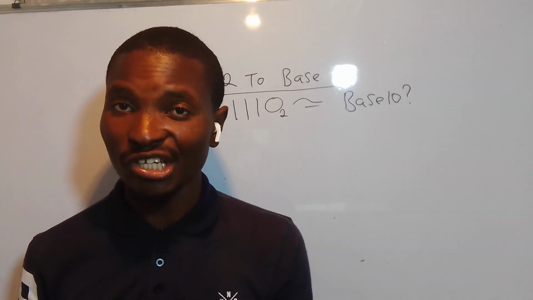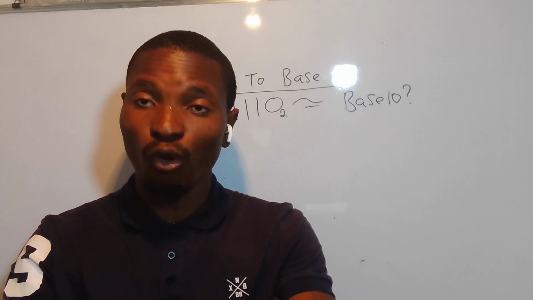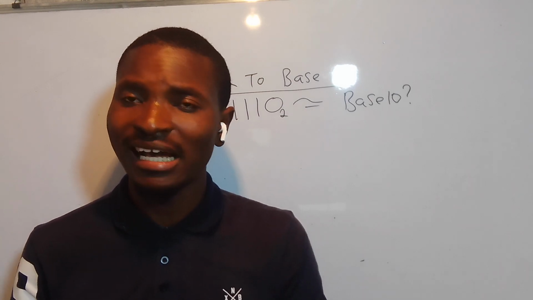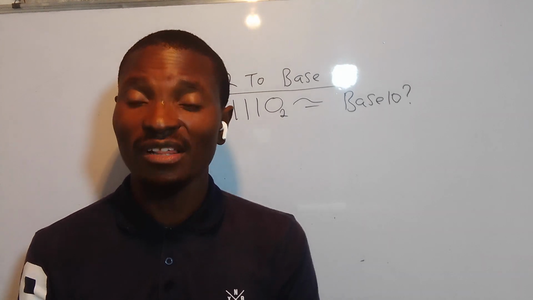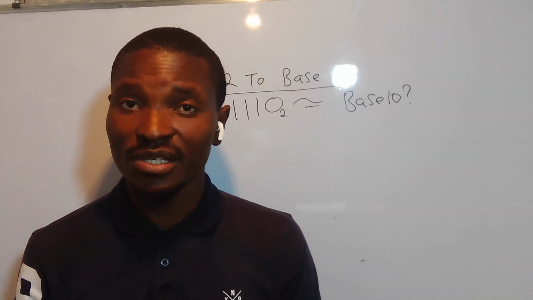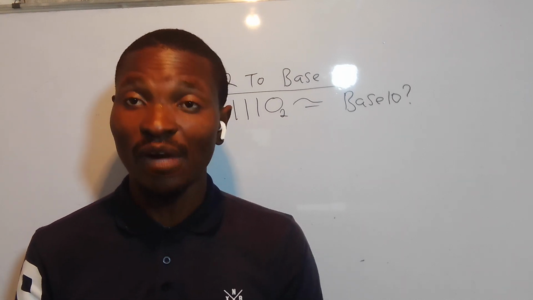number, a computational number understood by computing devices such as this phone that I'm using to record, and also your smartphone, your laptops, and all your calculators and everything that you can think of that uses electricity to function.